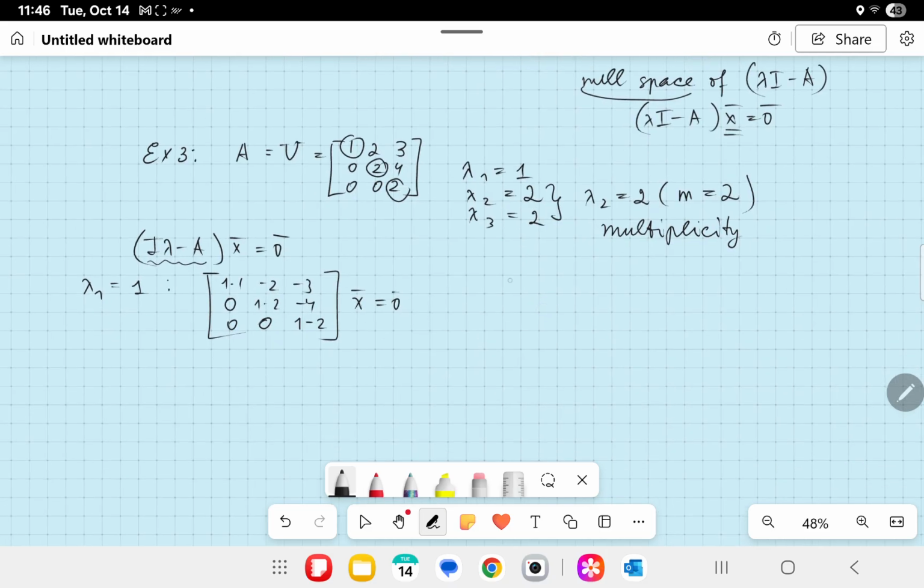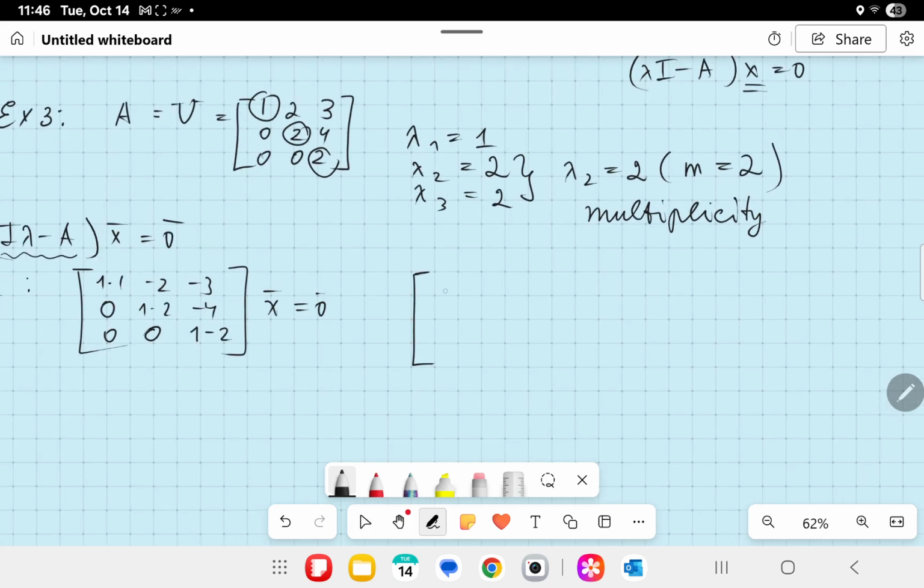So I'm going to continue my solution on the right. What I'm going to have is 0, minus 2, minus 3, and here 0, minus 1, minus 4, and here 0, 0, minus 1, right? And that's going to be x equals 0.